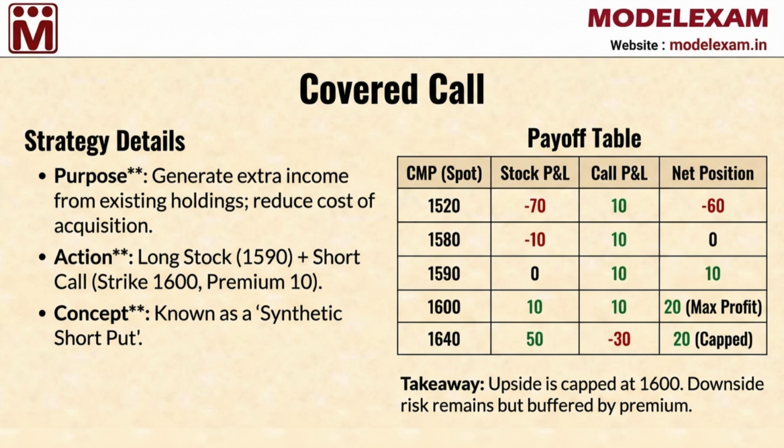If the price stays below 1,600, you keep the premium. If it rises to 1,600 or more, your profit is capped at 20.